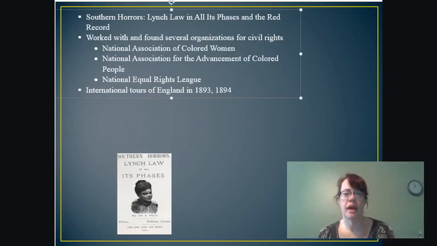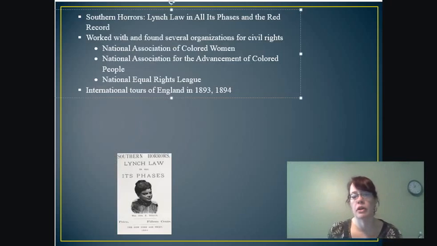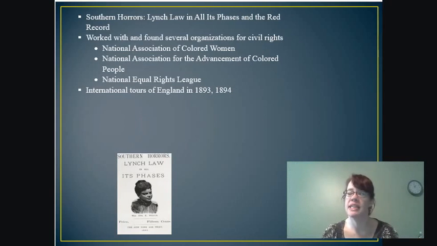So she wrote some pamphlets and a book on it. Her pamphlet, which is one of your readings this week, is called Southern Horrors, the Lynch Law in All Its Phases. And that was written and published with support from people where she was in New York, because after she wrote the piece about lynching, she was actually driven out of Memphis for fear of her own life.